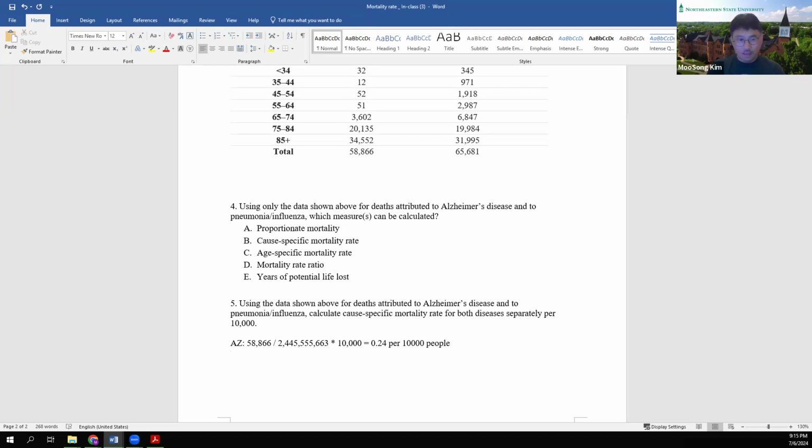And then influenza: total number of deaths from this disease, 65,081, over the same total population, equals. So we got this number for this.